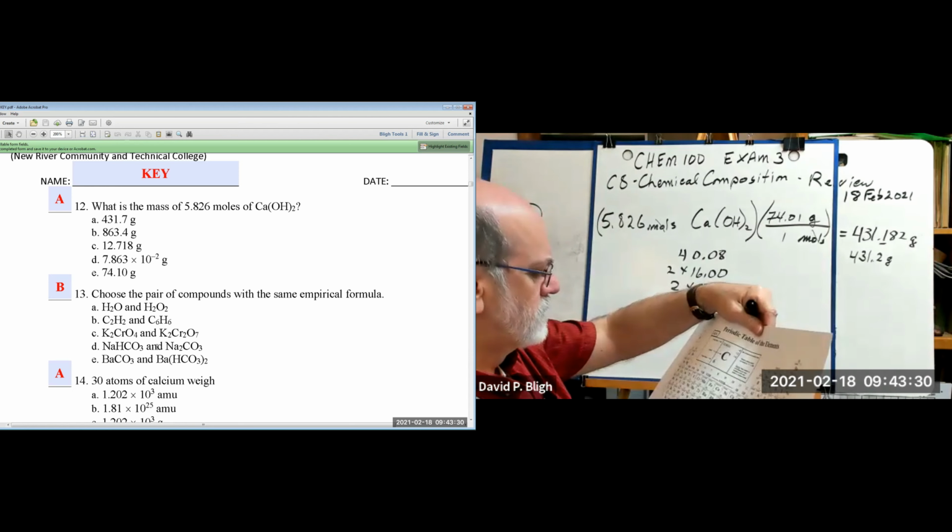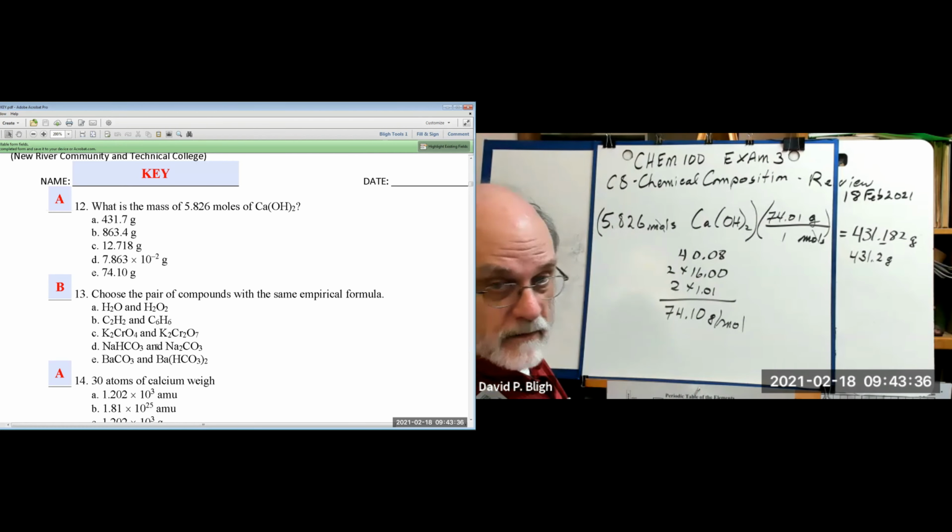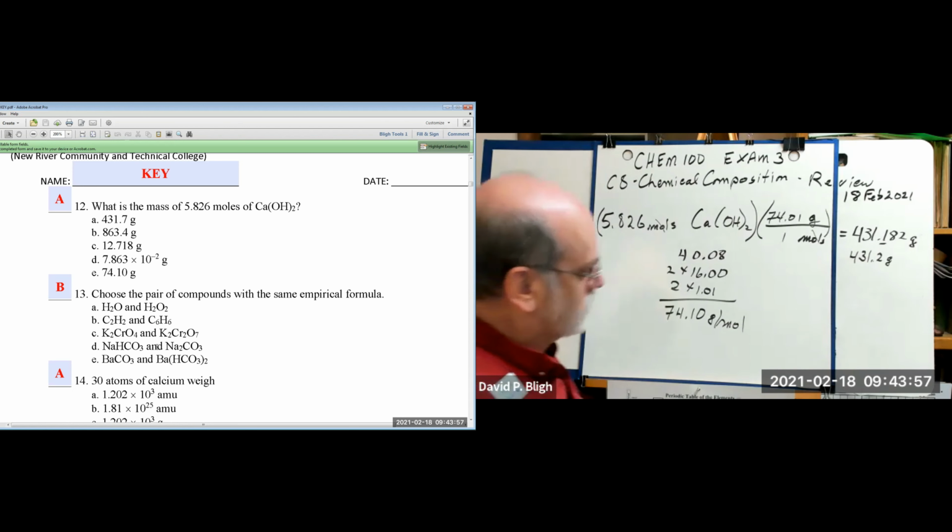40.08 calcium. Yep, that's right. That's right. That's right. I wrote it wrong.